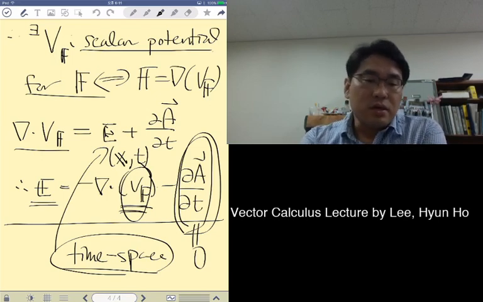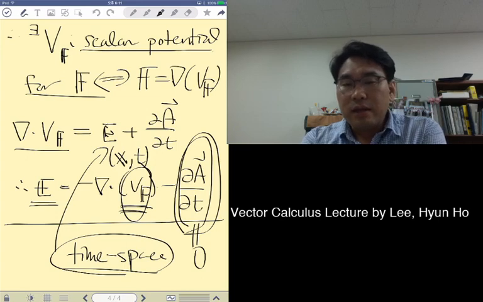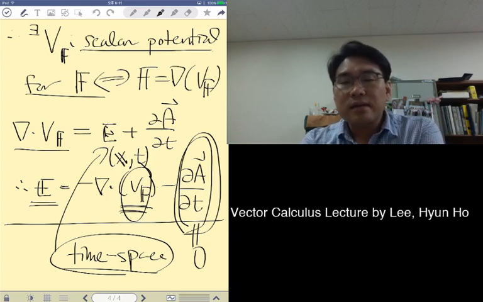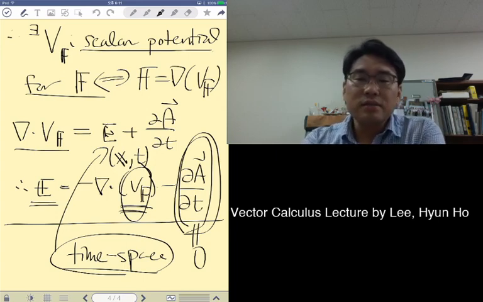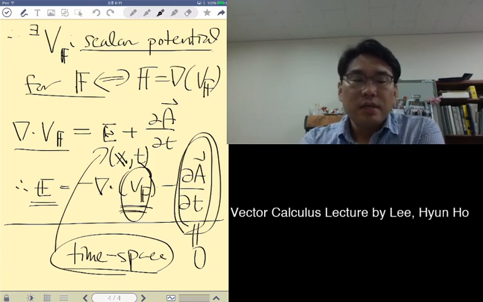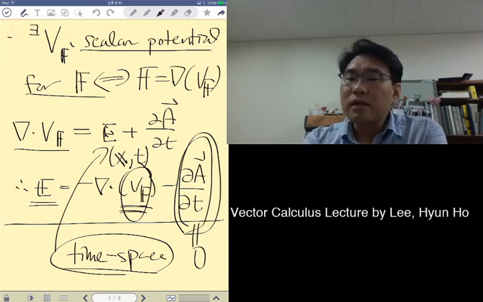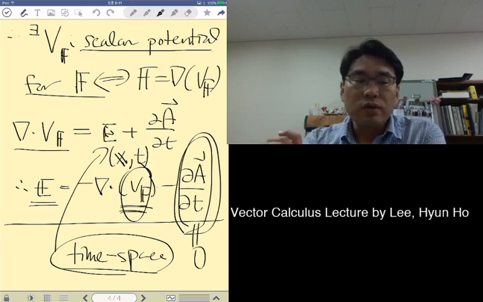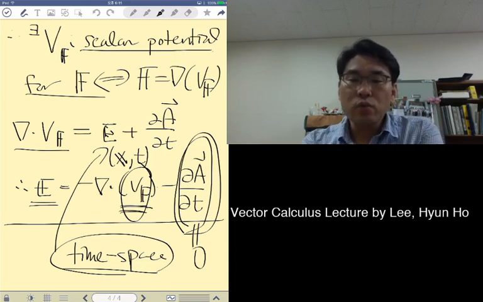So now everything is well established, even in the presence of a time-varying magnetic field. If you study quantum mechanics in the physics department, you may learn how to solve Maxwell's equations.